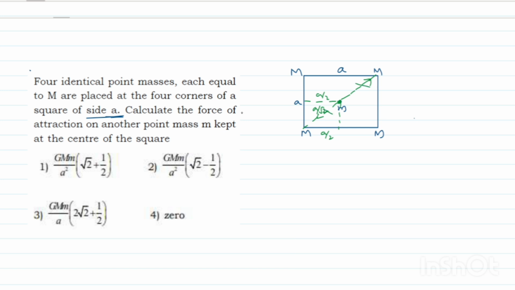These two will get cancelled. Again this mass will be attracted by this one along this direction, also at A by root 2 distance, and this mass also will be attracted by this one along this direction, at A by root 2 distance. Then the net force acting at the center is that all the forces cancel each other, so the net force value is 0.